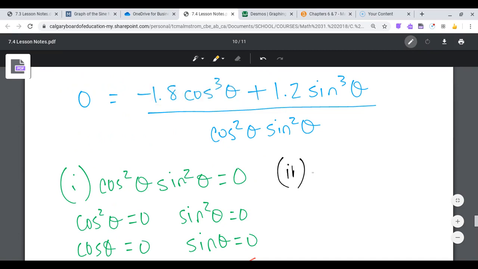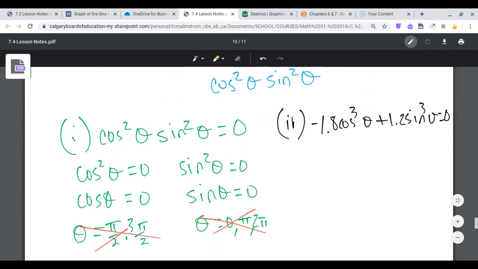Okay, so that leaves me with solving the second one as negative 1.8 cos cubed theta plus 1.2 sine cubed theta equal to 0. All right, so what are we going to do with this one to solve it? Let's move the cos to the other side. So we have 1.2 sine cubed theta is equal to 1.8 cos cubed theta.